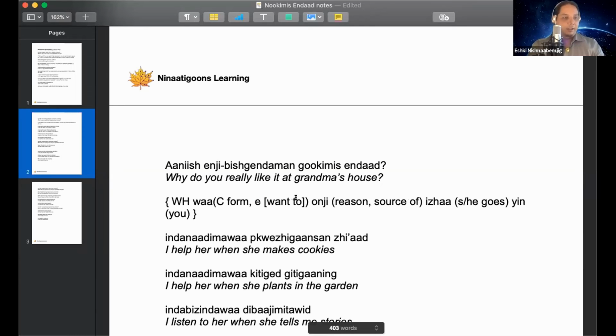C form E. So it's this little letter E that makes it C form for this one. Eshki-nishnaabemjig kokamis and bishgendan. That's what you'll see on your indexed verbs for you. This means like it a lot.